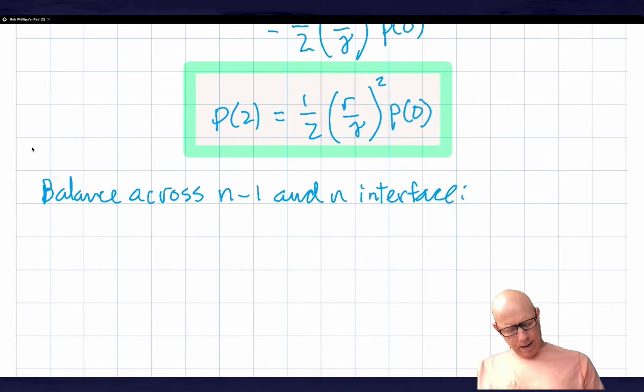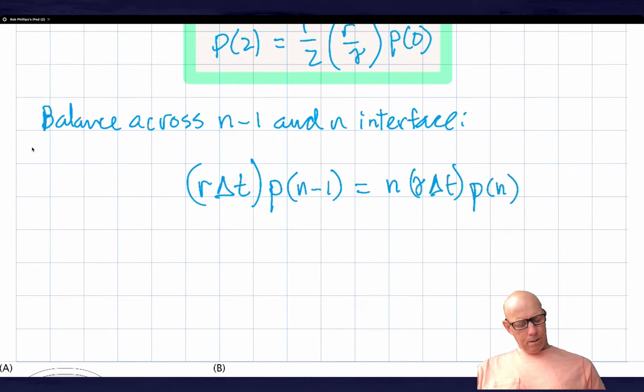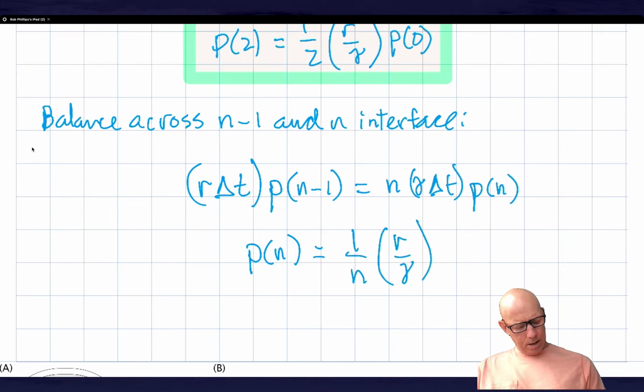So here I have that R delta t times P n-1 is going to be equal to n times gamma delta t times Pn. And thus Pn is 1 over n and then R over gamma P n-1.